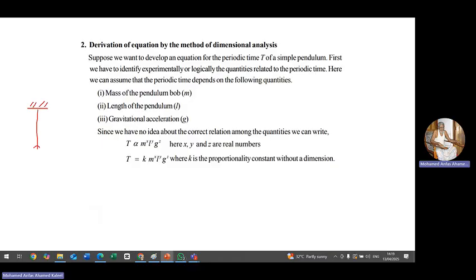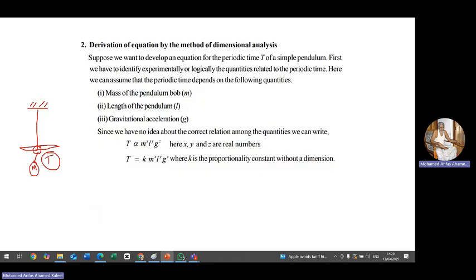This is the pendulum. This time depends on what? This definitely depends on this mass, the mass of the pendulum bob.